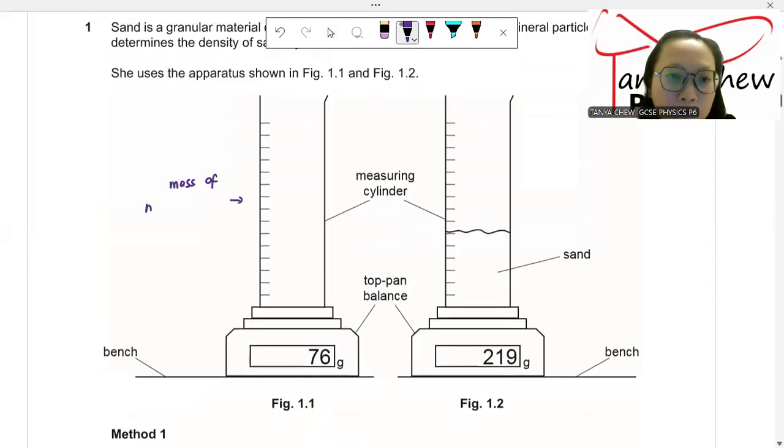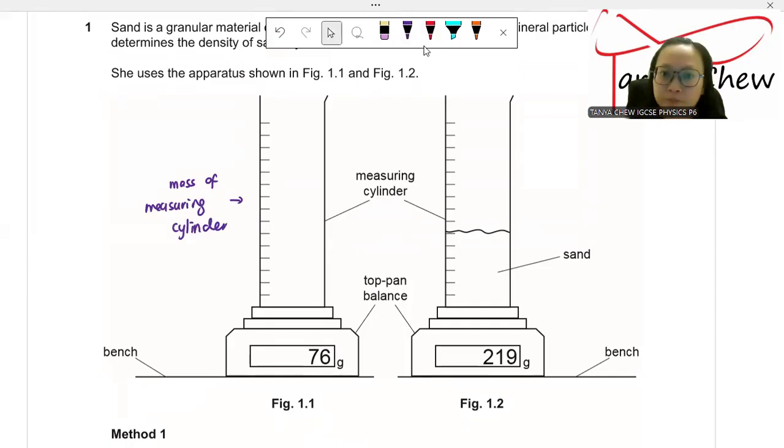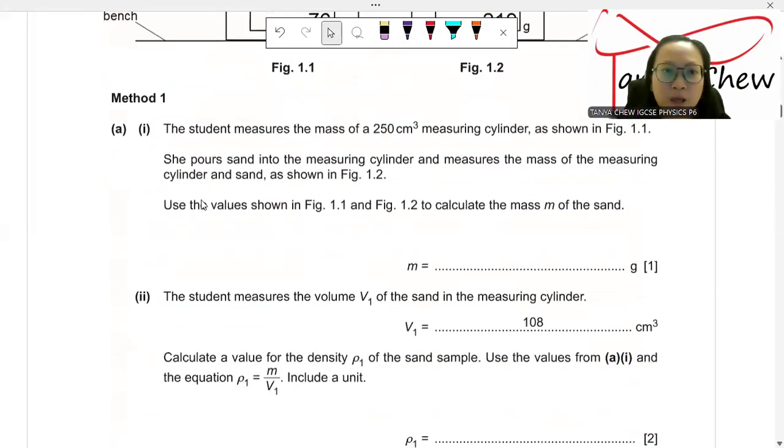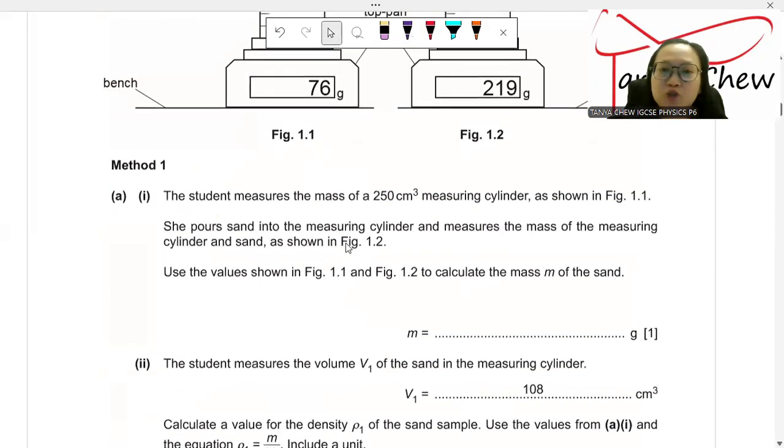Mass of measuring cylinder alone. Now, she pours sand into the measuring cylinder and measures the mass of the measuring cylinder together with the sand as shown in Fig 1.2. Use the values shown in Fig 1.1 and Fig 1.2 to calculate the mass M of the sand. I want the mass M of the sand alone.